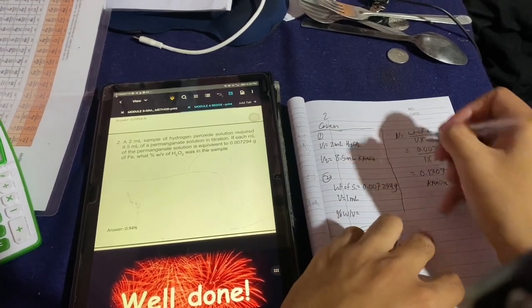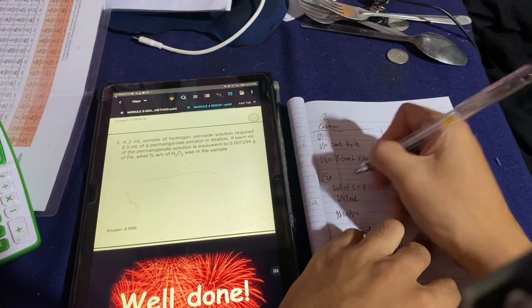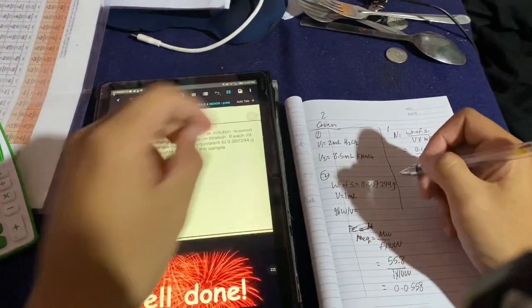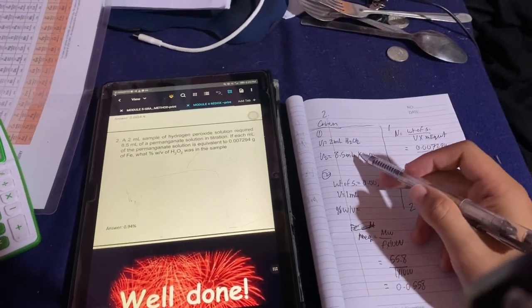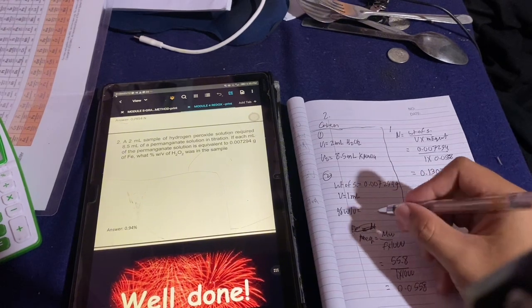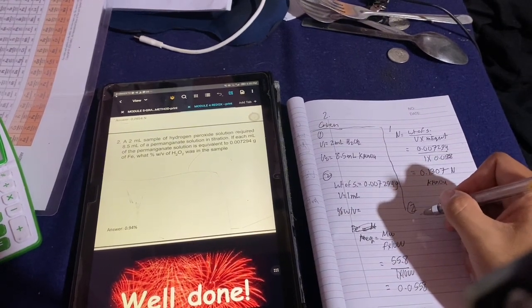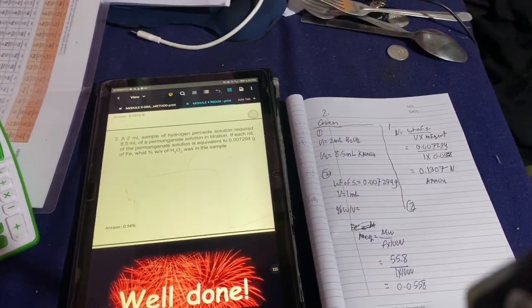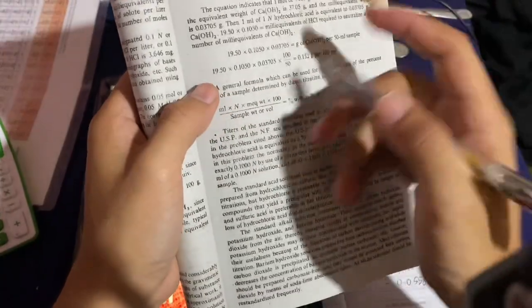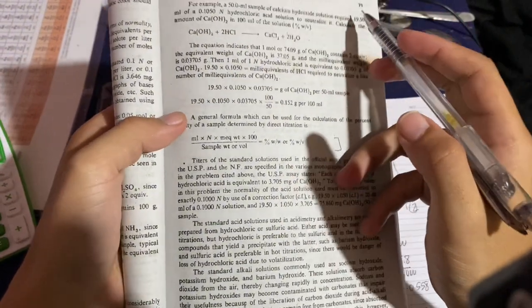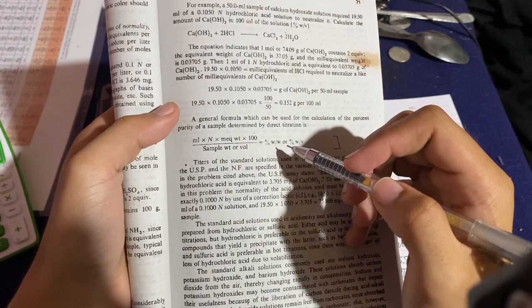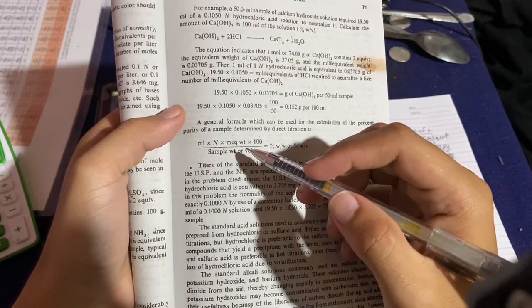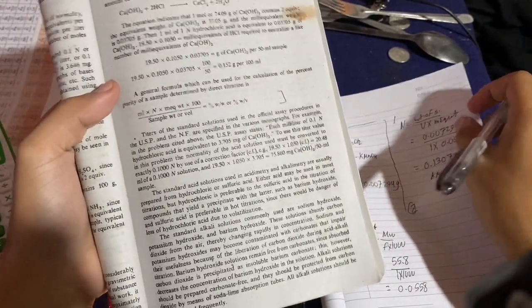This is what we need for the equation in the second given. In the first, we want the weight over volume. That's what we need. In order to find that, here is our equation in Jenkins, page 71, which states that weight over volume, or weight over weight, is equal to volume times normality times milli equivalent weight times 100 over the weight of sample or the volume of sample.